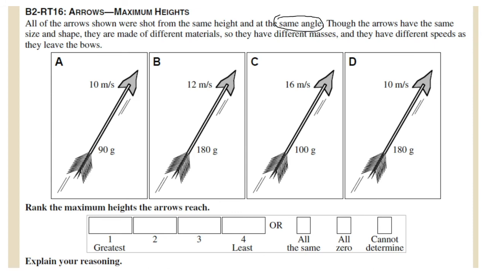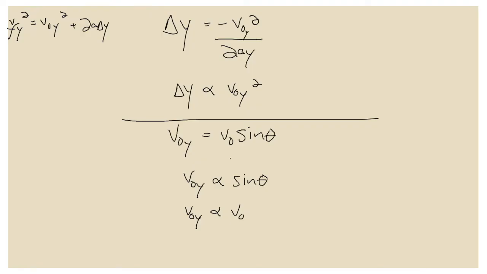And so essentially what that means is in this equation for v naught y, the v naught is always going to be multiplied by the same number because they all have the same angle. So the sine of the angle for all four arrows is going to be the same number. So while this is true, we actually don't care about this.